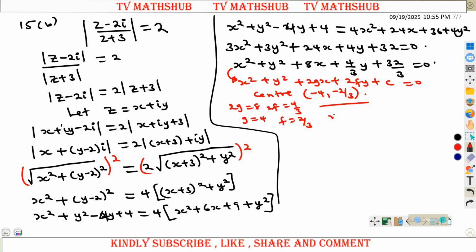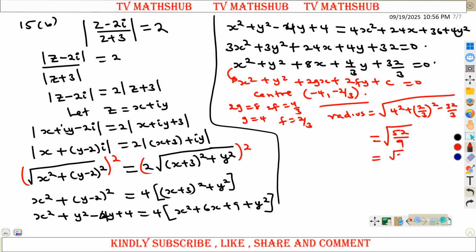And the radius, which is the square root of 4 squared plus 2 over 3 squared minus 32 over 3, will give us the square root of 52 divided by 9.